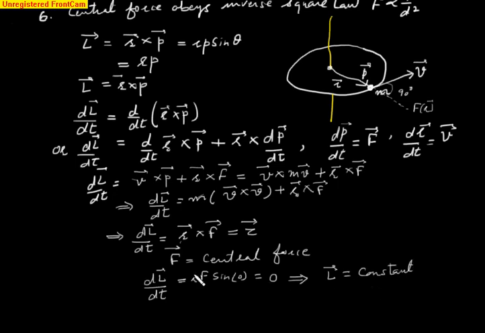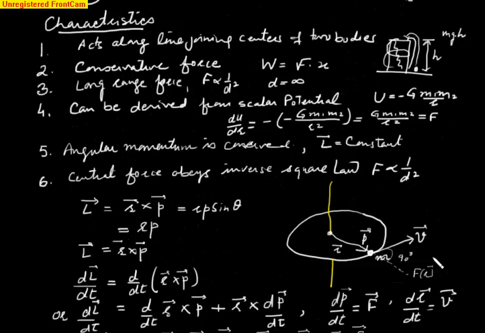And this is constant only if this factor is 0, which means the torque is 0, and therefore we conclude that angular momentum is conserved in gravitational force motion because there is no external torque acting on the body, and that is why we say that angular momentum is always conserved in a central force.